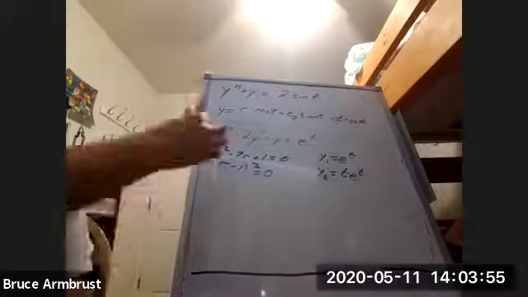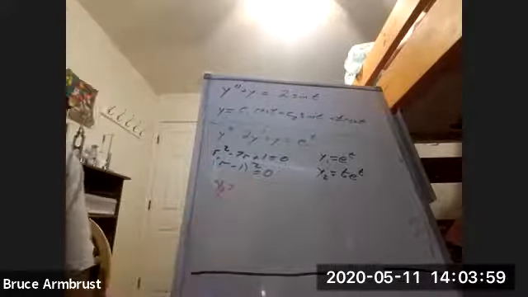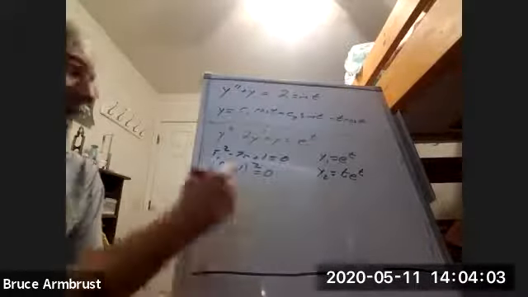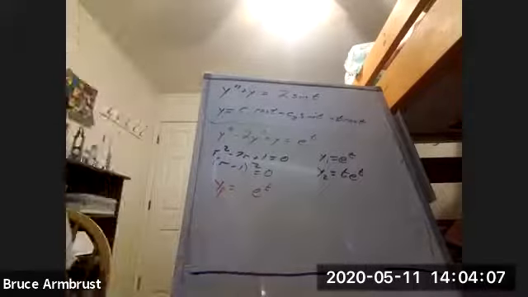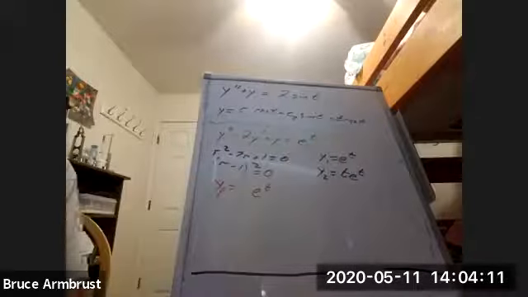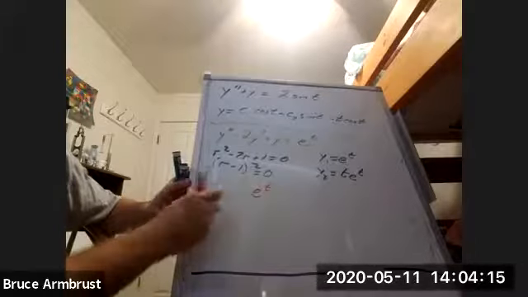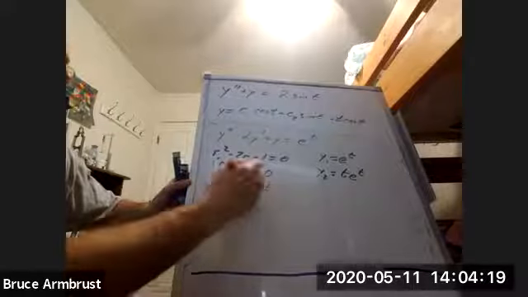But now let's go to our particular guess. So what we'd want to guess is e to the t. However, there's going to be a problem because e to the t is already in our fundamental set. So then what we'd want to do is slap on a t.